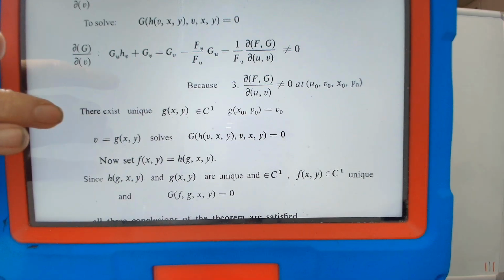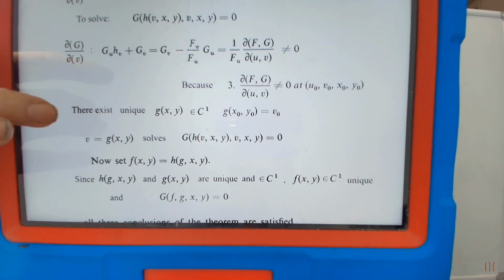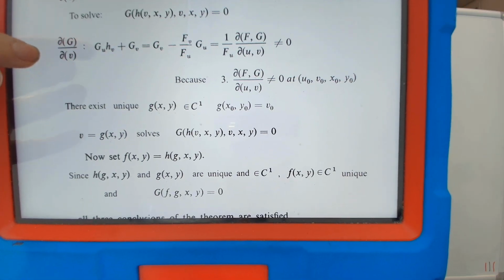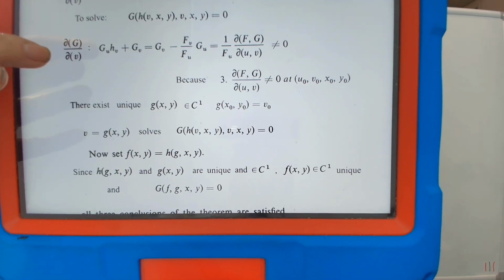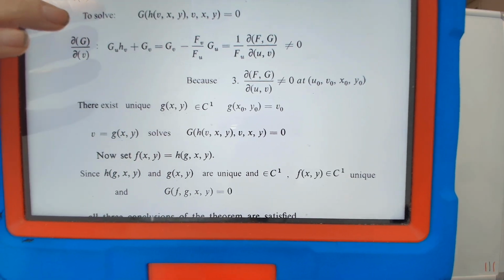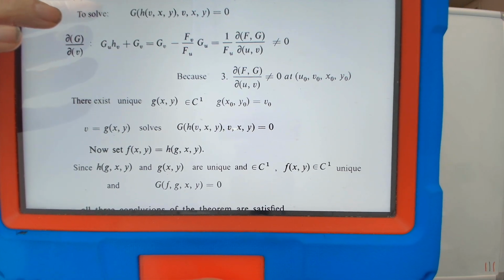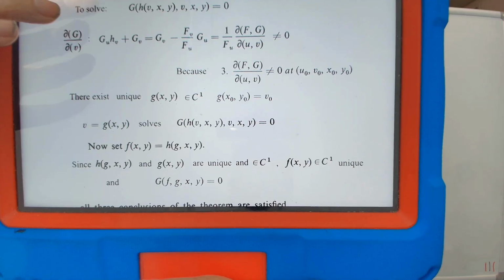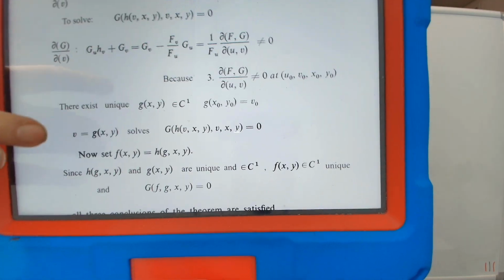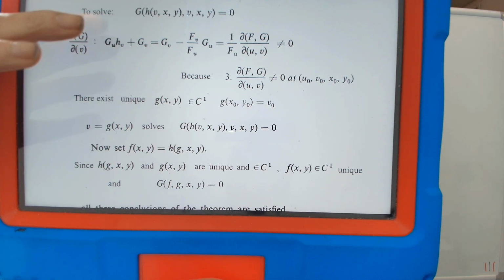Then we're going to slap on theorem 14 again, which means that we can pull v out of there, because we are doing the partial with respect to v, and it's not 0. So we can yank v out of this thing right here, and v will be equal to g(x,y), which will be a function that solves this big G.